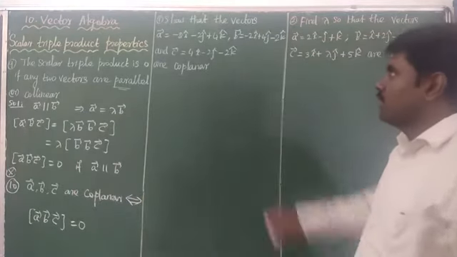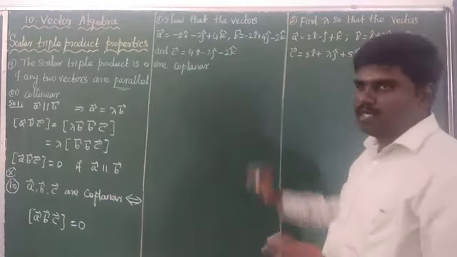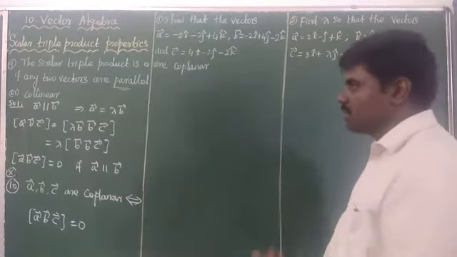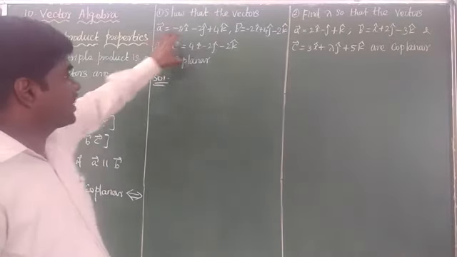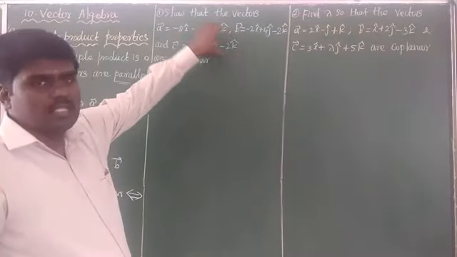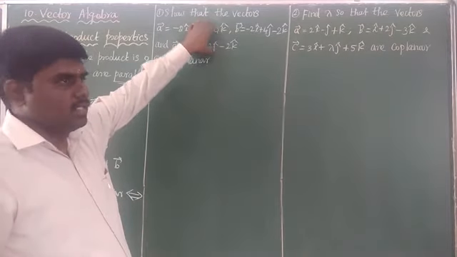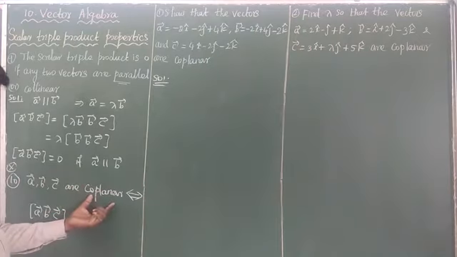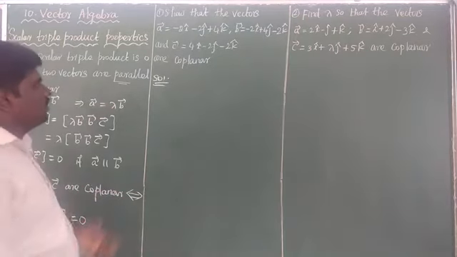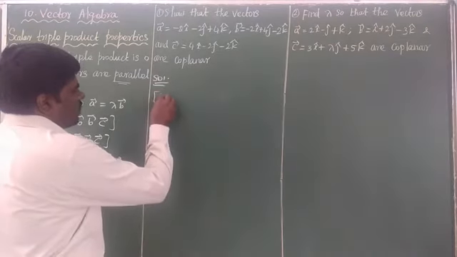So how do you prove that three vectors are coplanar? Using property 10, any three vectors are coplanar if and only if the scalar triple product value is 0. So I prove that the value is equal to 0.